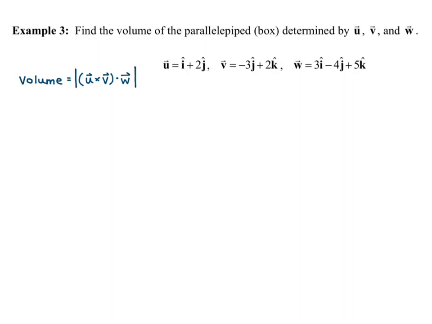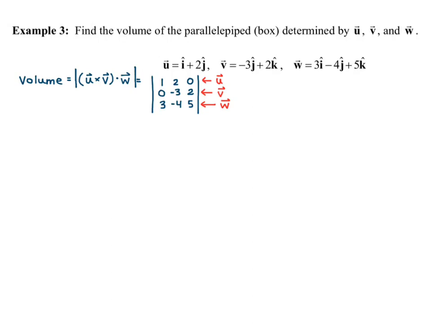Now the volume we were shown on the last slide is the magnitude of u cross v dotted with w. So what we want to do is take the determinant of the matrix with u in the top row, v in the second row, w in the third row. So that's u, v, and w.